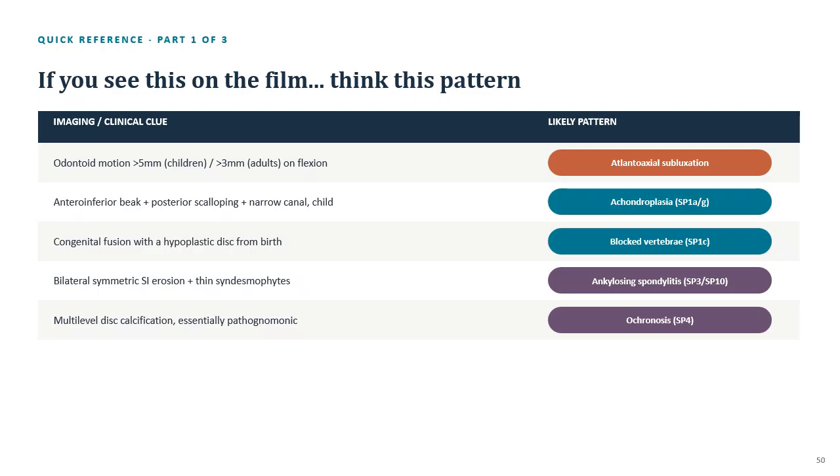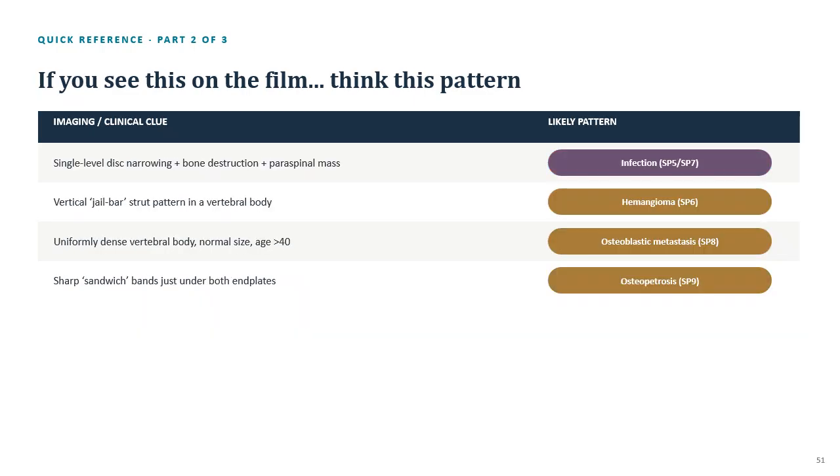All right, here's our second of 3 quick recognition slides. If we see one disc space that's narrowed, along with some sort of destruction of nearby bone and also some sort of soft tissue mass next to the spine, the doctor or radiologist might start to be concerned with some sort of infection.